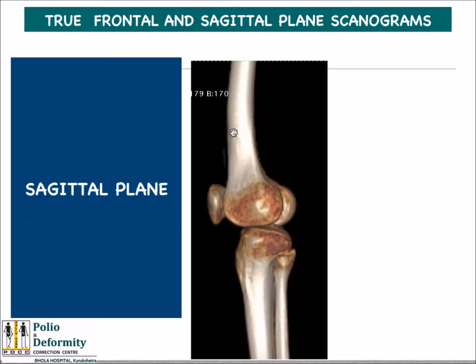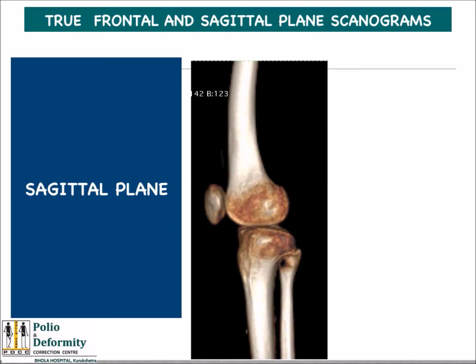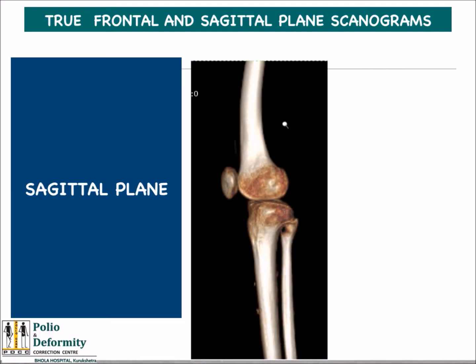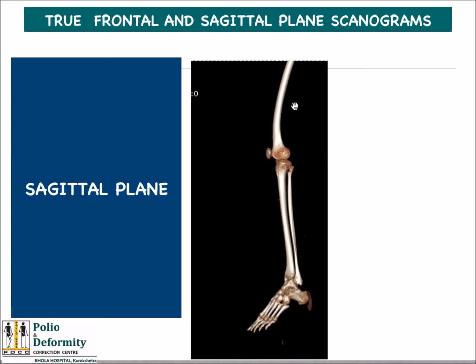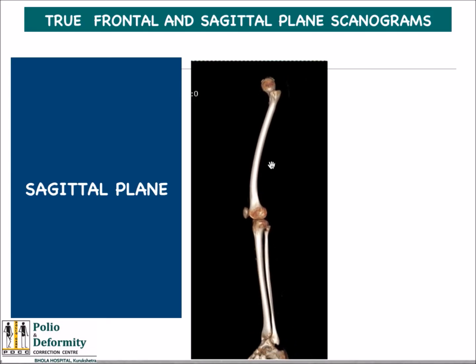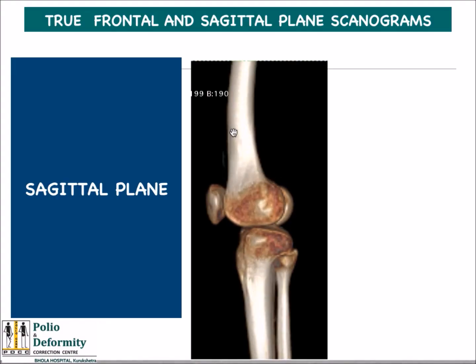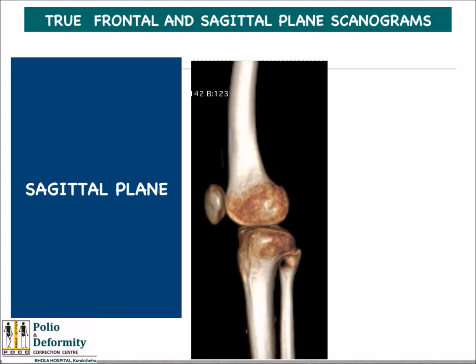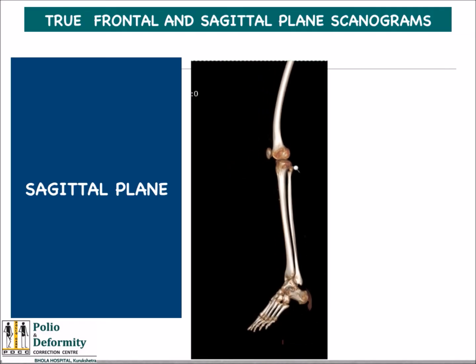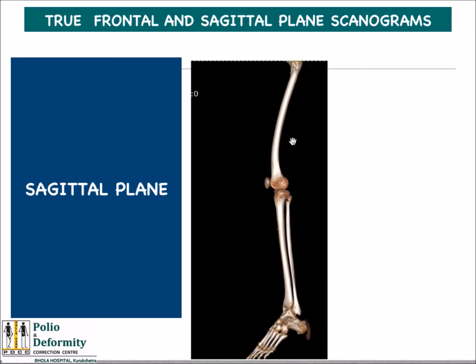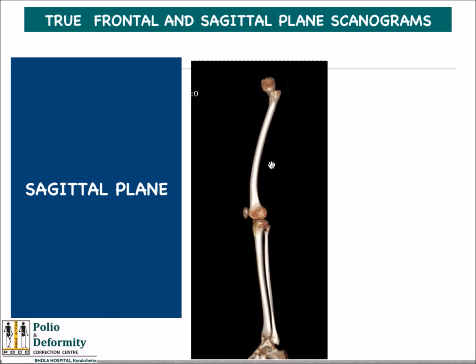And believe me, such kind of sagittal plane images in a normal scanogram, even after my scanograms experience with 3 big cassettes, such clarity is not there even after about 14 years of using them.